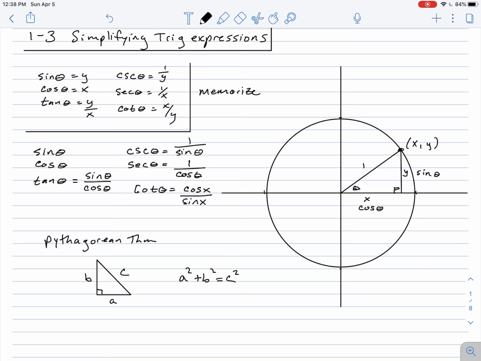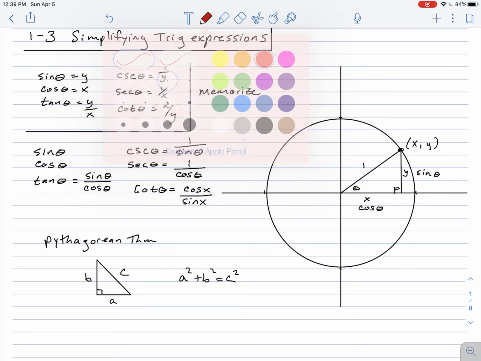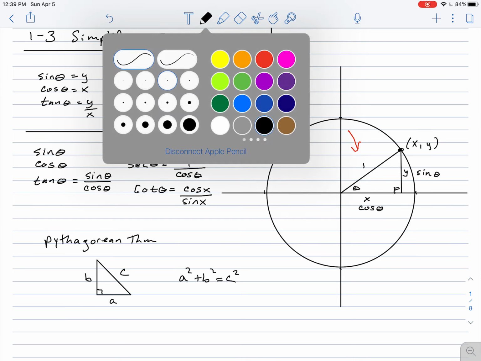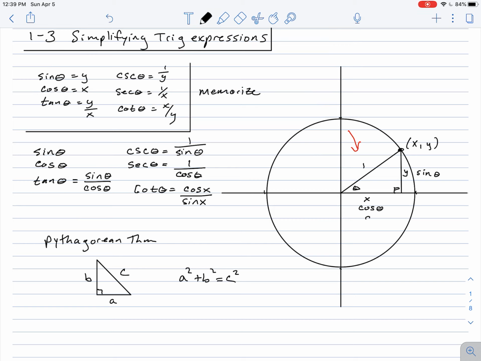Well, let's look at that in context of the unit circle over here. Here's a triangle. I'm going to look at this triangle right here. And this is my A side, this is my B side, and the hypotenuse is always my C side.